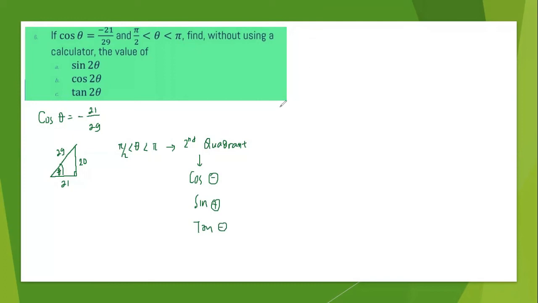Sine 2 theta is 2 sine theta cosine theta. Sine theta is 20 over 29, cosine theta is minus 21 over 29, right?